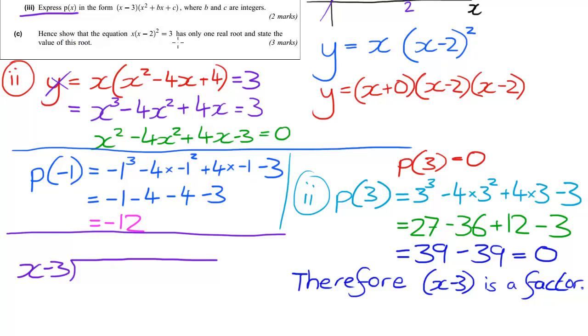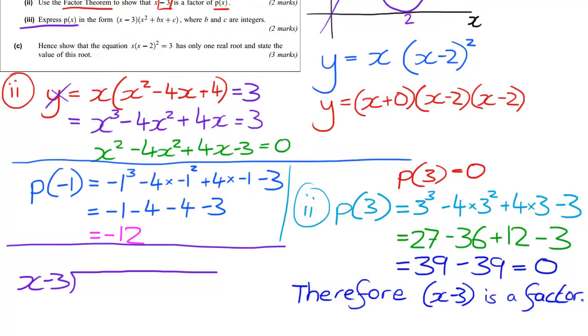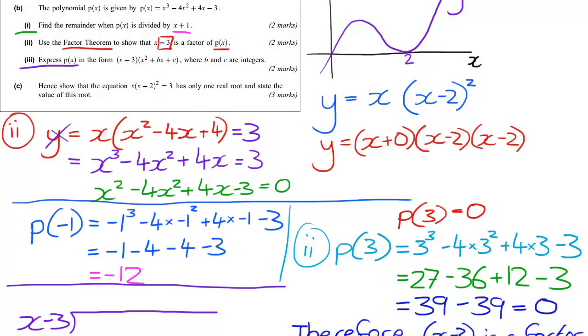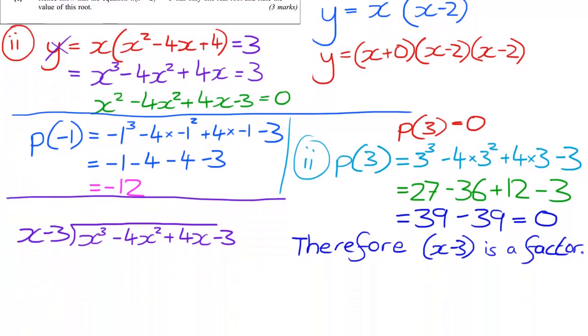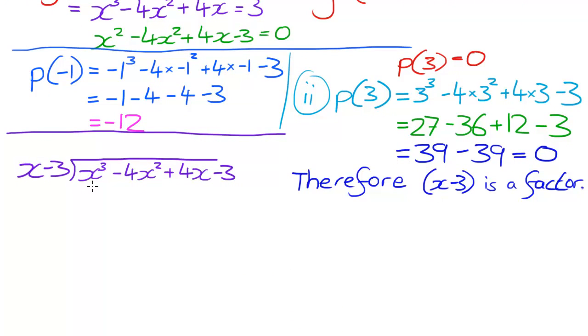So what is p of x? My p of x is going to be x cubed minus 4x squared plus 4x minus 3. So when I divide, just to be clear, when I divide my p of x by x minus 3, I will get x squared plus bx plus whatever they were looking for, that quadratic basically.